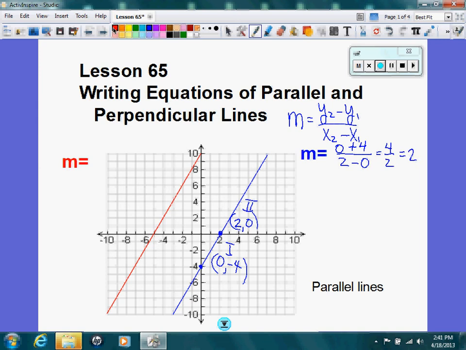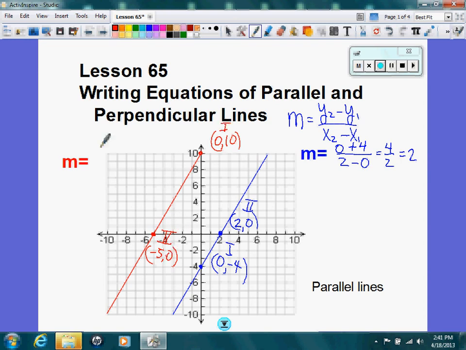Now let's find the slope of our red line. Let's pick two points. The coordinates of this point would be (-5, 0), and up here, this looks like an easy one, (0, 10). We'll call (0, 10) point 2 and (-5, 0) point 1.